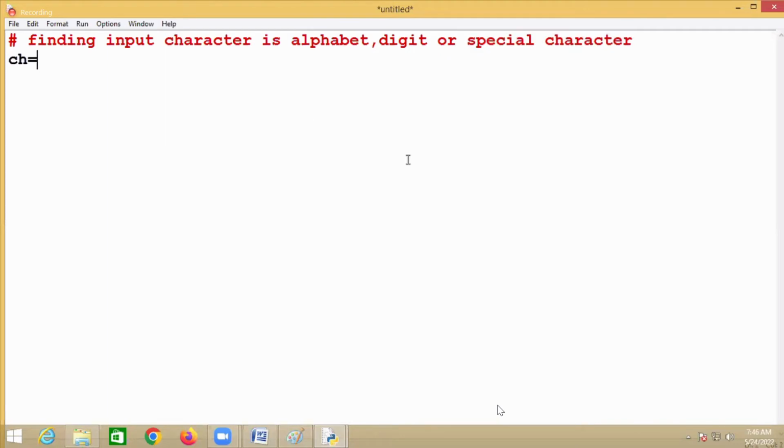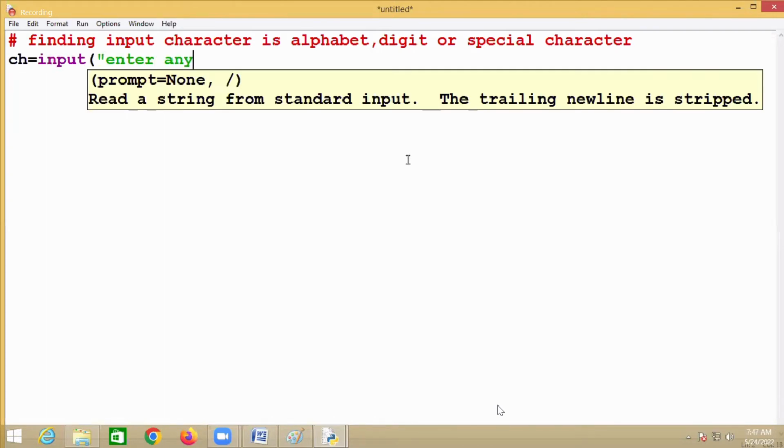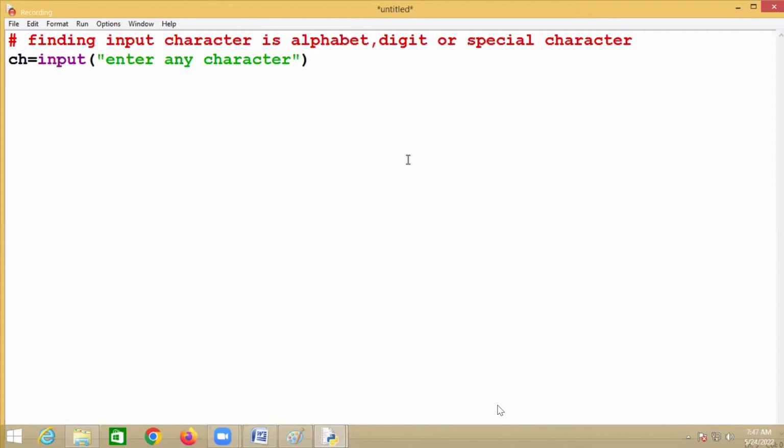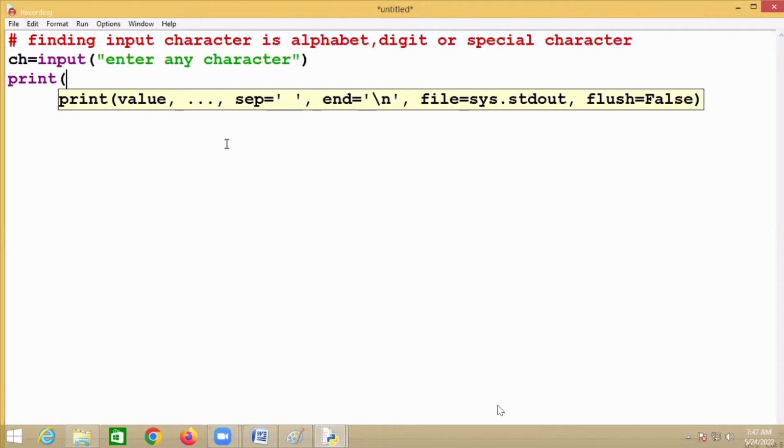You input the character here: enter any character. So here I try to read the character. Then I print: this character is alphabet.